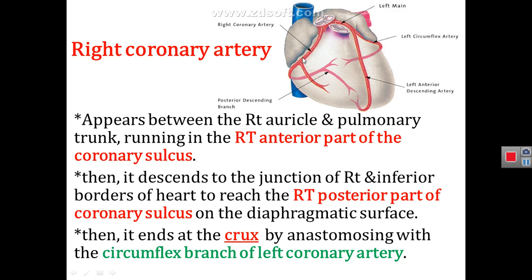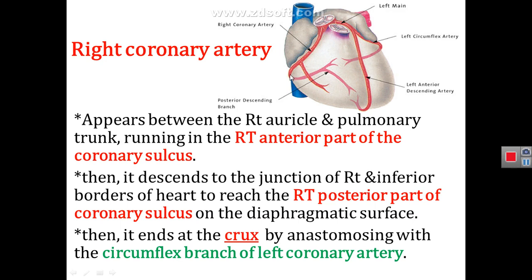Then it descends in the anterior right coronary sulcus, which is between the right atrium and right ventricle, till reaching the corner, the lower border of the heart, at the corner between the right border and the inferior border.